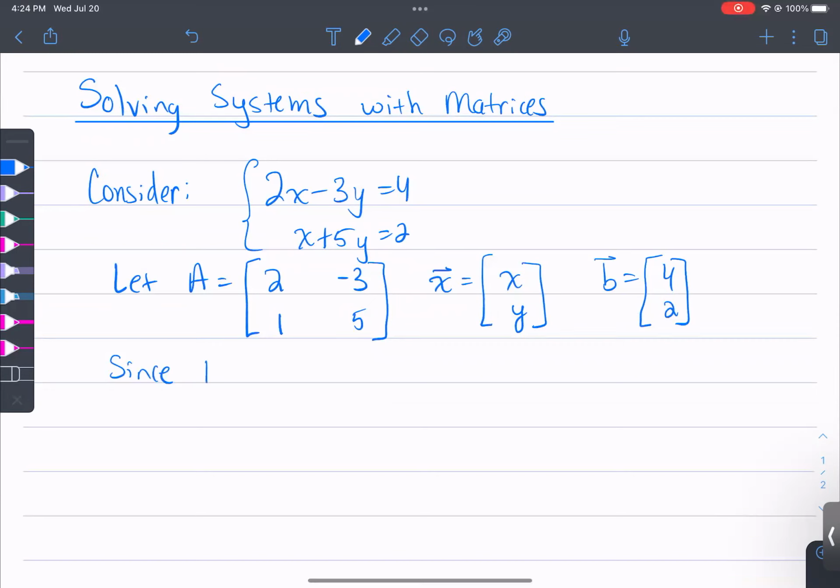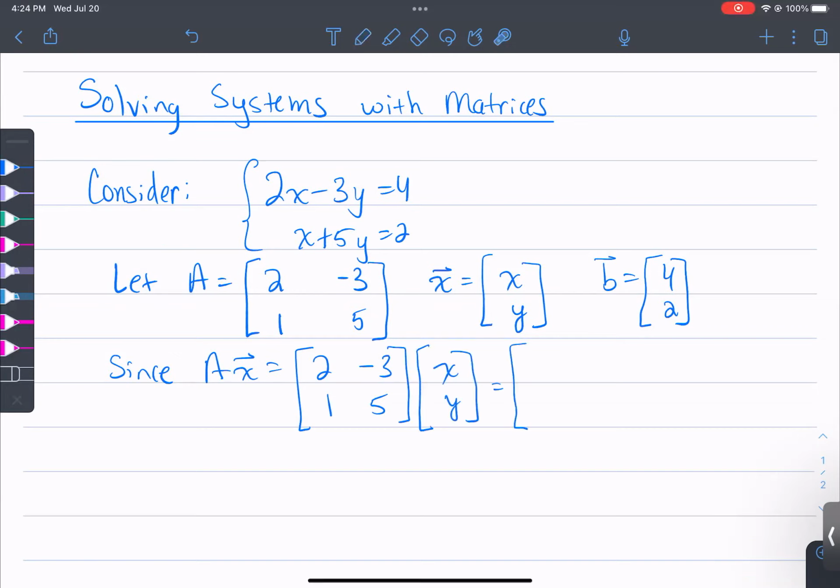Since we know A times the x vector is our coefficient matrix times our variable matrix, by multiplication, if I took the first row times the first column, I would get 2x minus 3y, and then second row times the first column, x plus 5y.